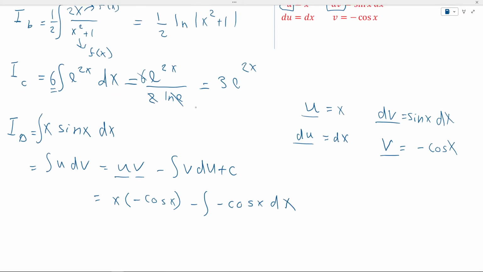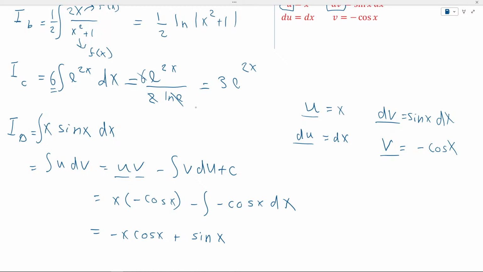So that would be negative x cosine x, and here that would be positive, and the integration of cosine x, if you remember from the table, is sine x.